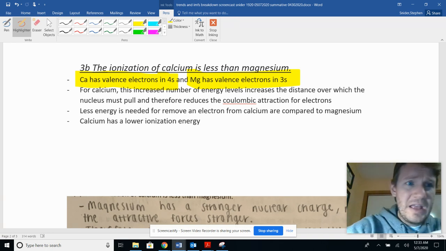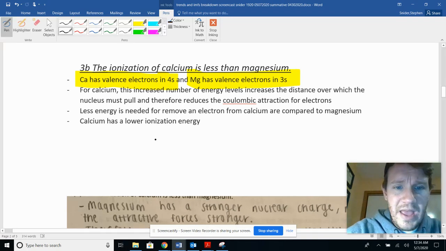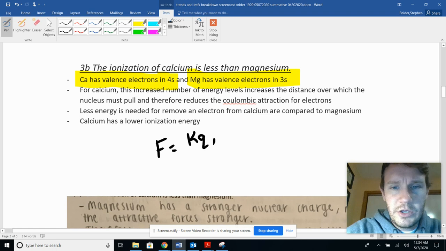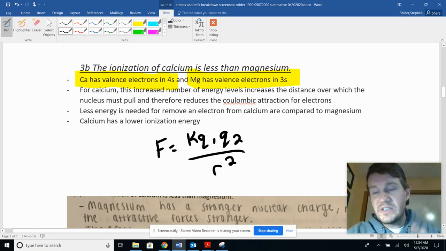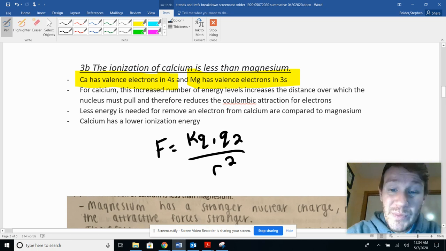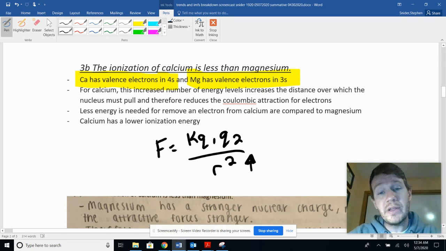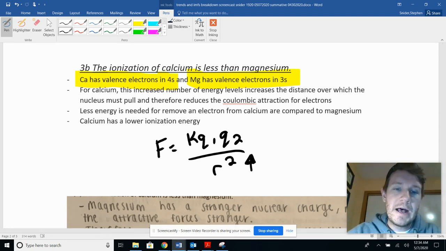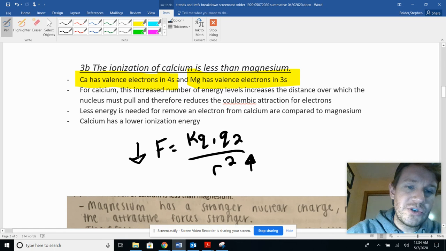Therefore, if we go back to Coulomb's law, where the force of attraction is equal to K Q1 Q2 over R squared, or D squared, we're talking about the distance between charged particles. As we increase the distance, say between this positively charged nucleus and the electrons, and now the fourth energy level as opposed to the third, this is going to drive down that Coulombic attractive force.